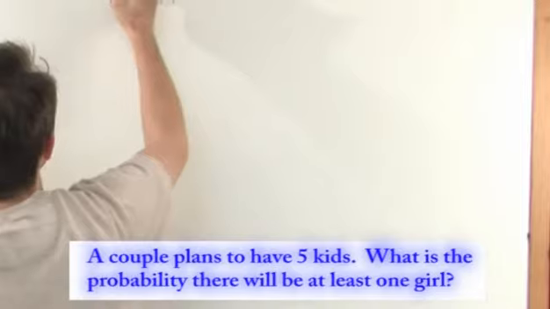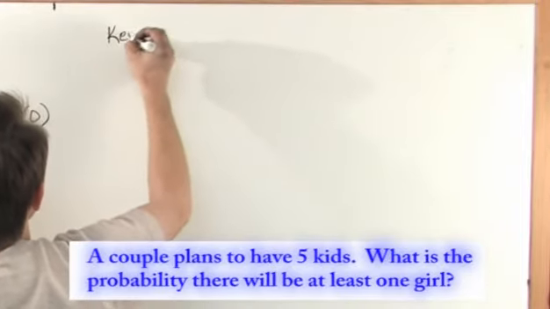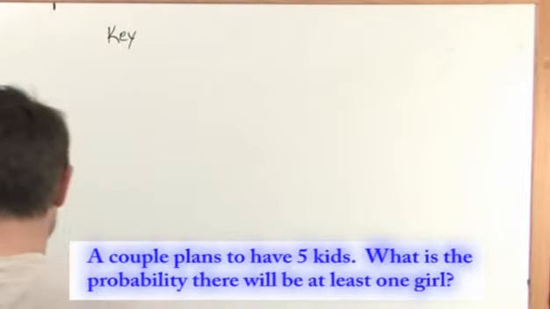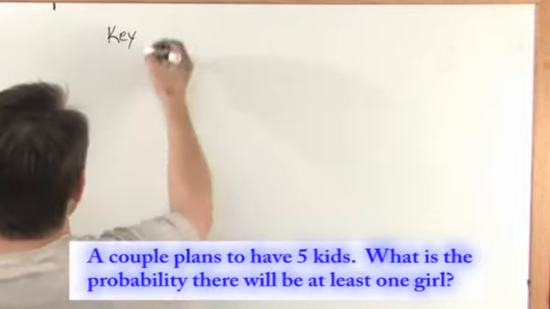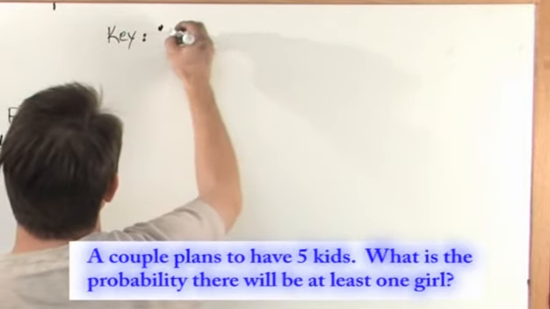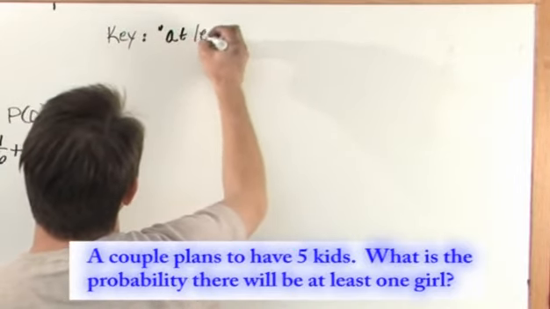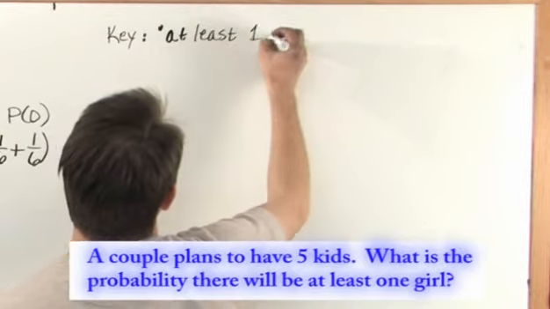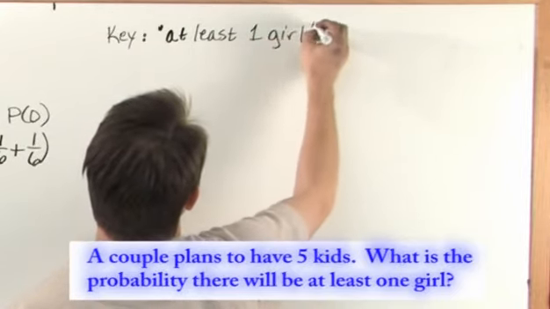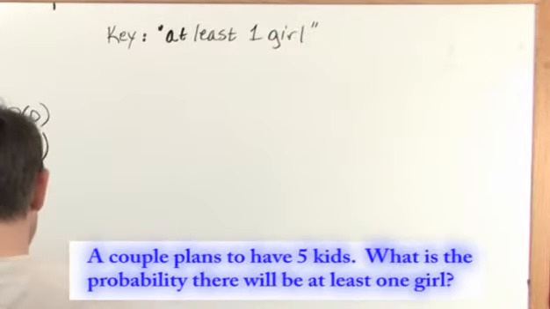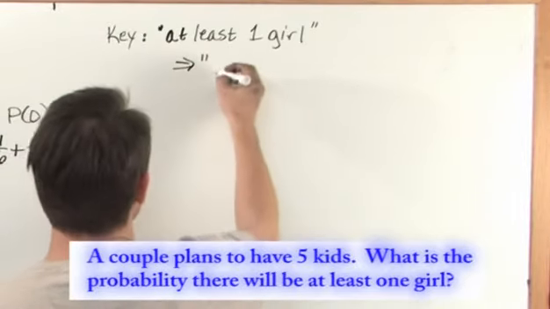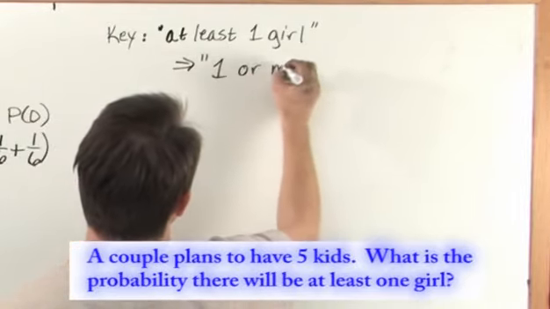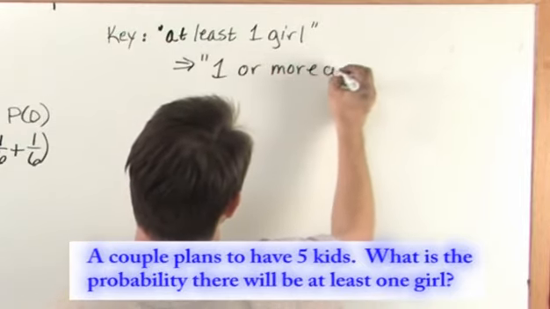So the key to making sense of this problem, okay, because you know it's going to be a problem involving multiplication in some form or way, is that when you have the phrase at least one girl, what you need to convert that to is one or more girls.